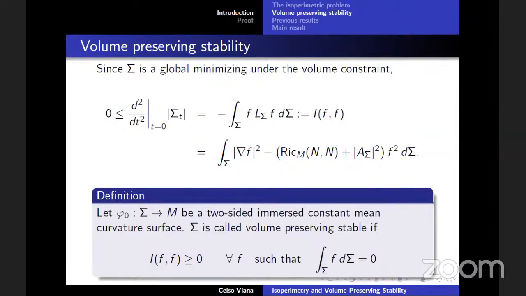So if you can classify these objects, of course, that will give some implications to the isoperimetric problem, right? It turns out that classifying these volume preserving stable surfaces is a very difficult problem, but if your manifold is nice enough and has some symmetries, you can still get some results, okay?